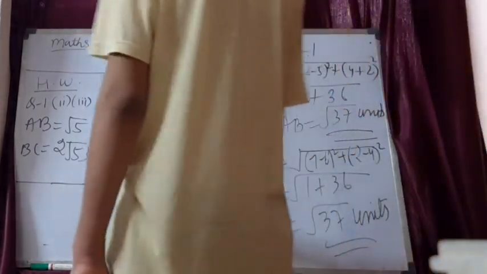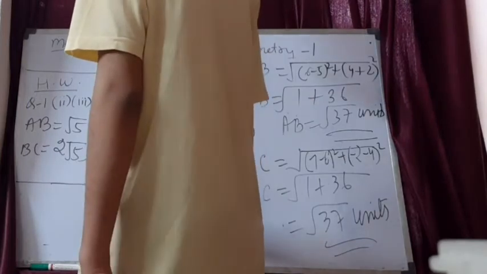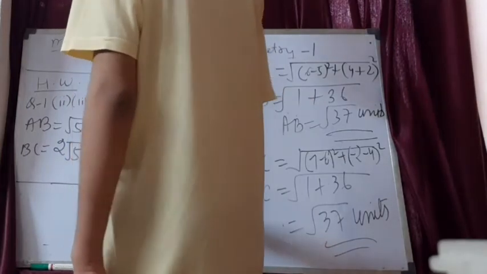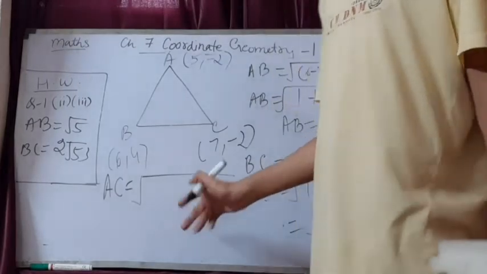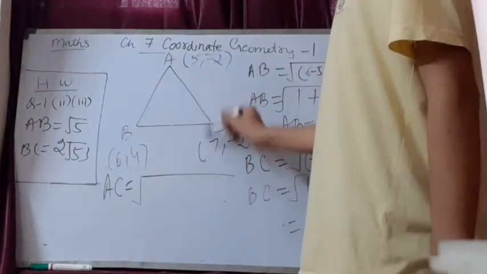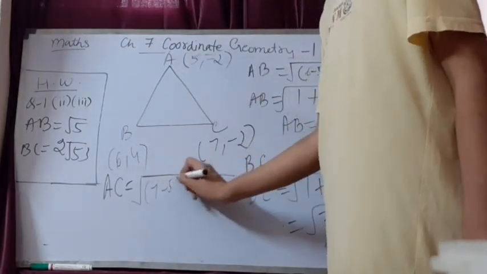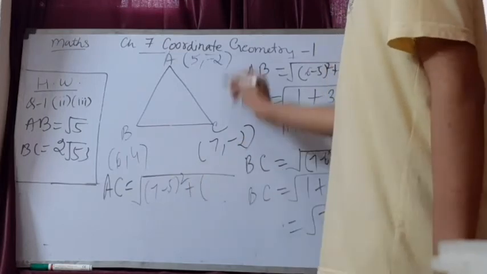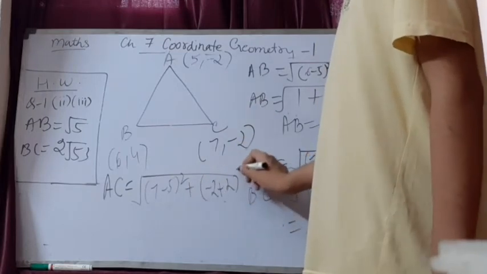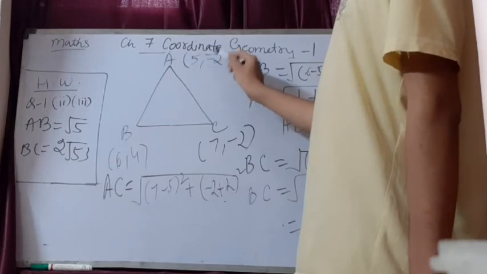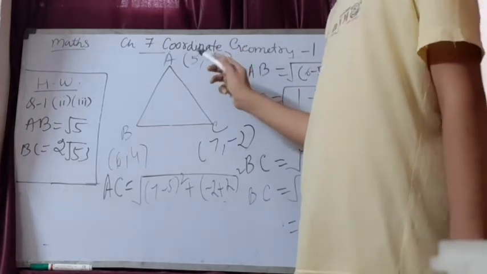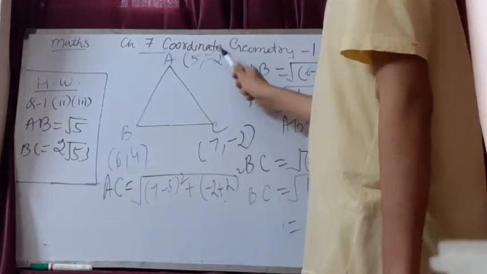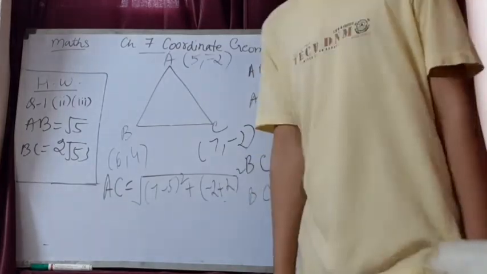So now we will be solving for AC. So what is going to be our AC? Under root of 7 minus 5 whole square plus minus 2 plus 2 whole square. Okay, minus 2 minus minus 2, that is going to be plus. So minus 2 plus 2 whole square.